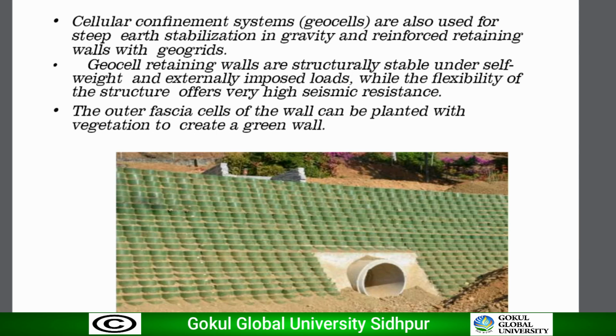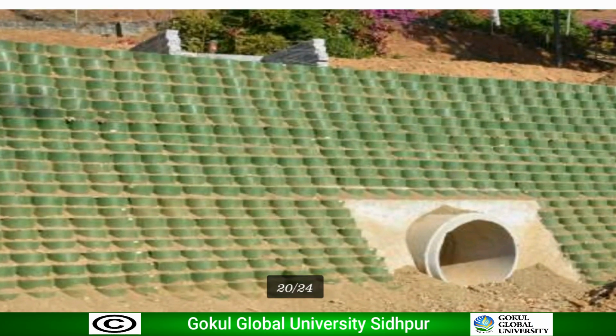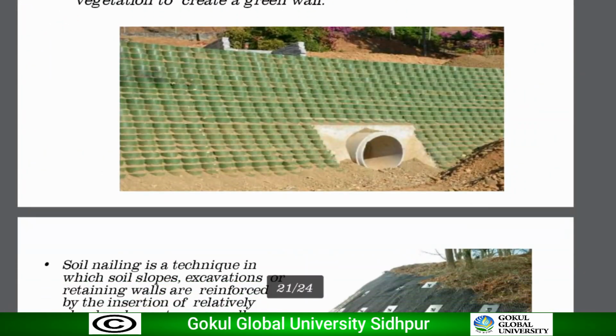Geocell, geogrid, geonet are reinforcement materials easily available in the market and used widely in retaining wall design. The outer face shell of the wall can be planted with vegetation to create a green wall. In the figure we can see that a green wall is provided. This is one type of cellular confinement.